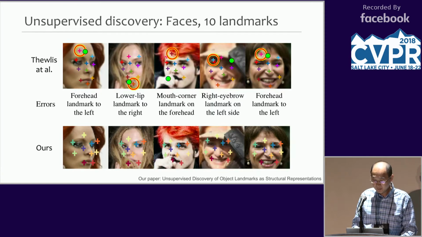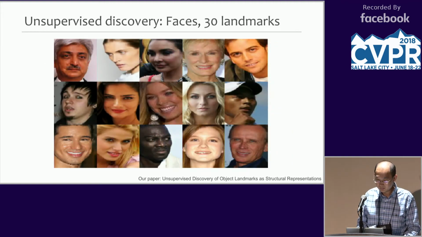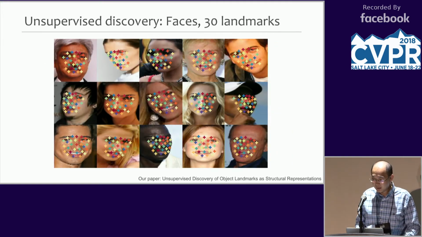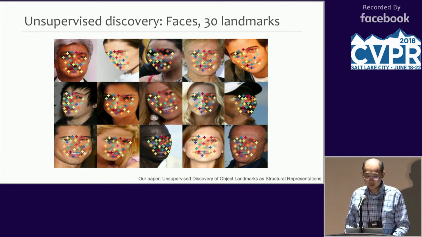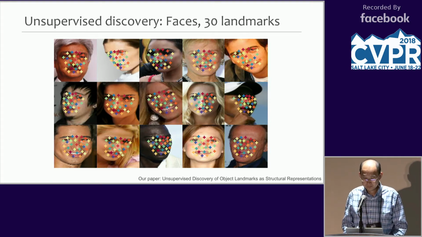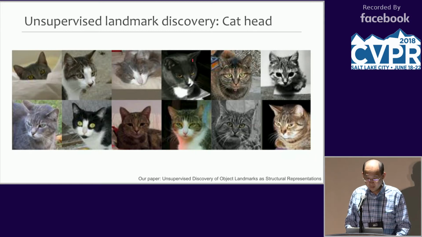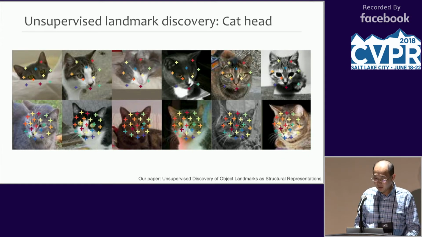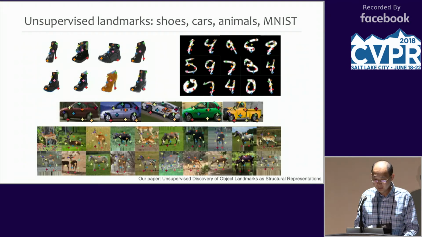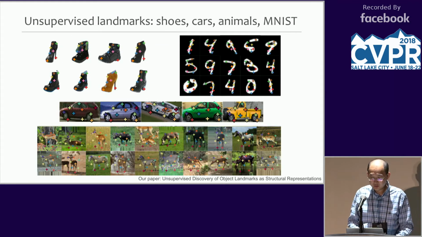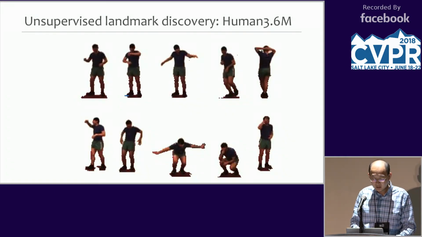In comparison, our method produces more stable results on the same images. Our method can also discover more landmarks on not well-aligned facial images, like this. We also evaluate our model on cat head images and on more objects, including shoes, digits, cars, and wild animals, and also on the human body.